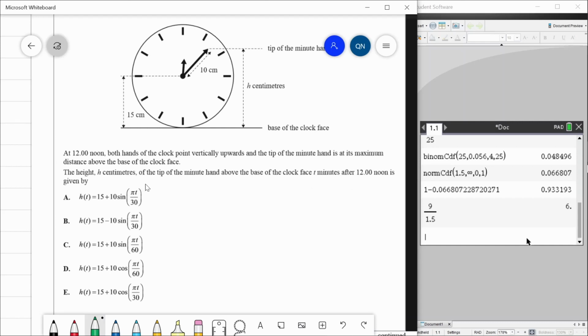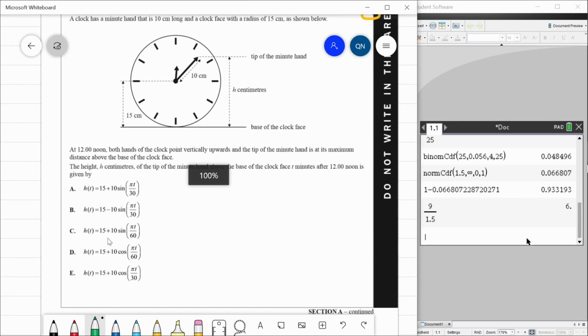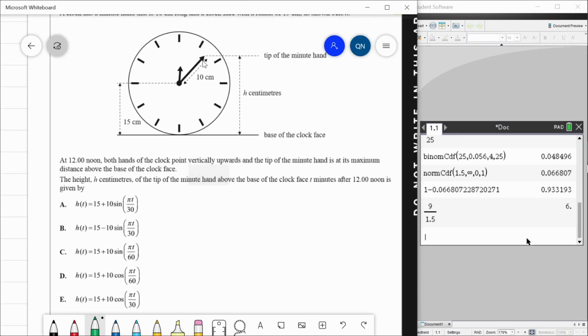Okay, so let's think about this one here. We want a function that describes the distance above the base of the clock. So first of all, we have a mean position of 15 over here, which is why all these are 15, and our amplitude is 10 because this minute hand is going to go up and down by a maximum distance of 10.